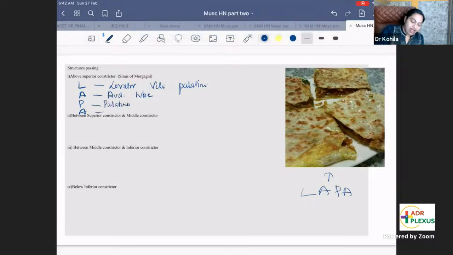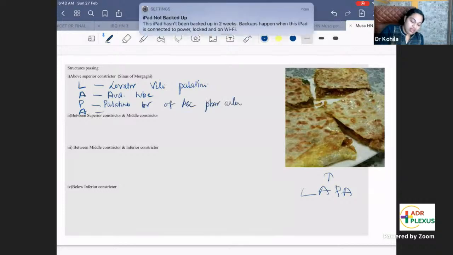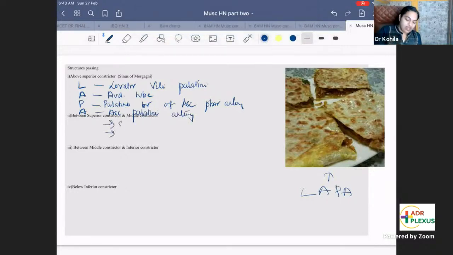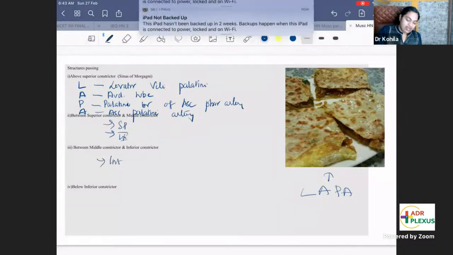Palatine branch of ascending pharyngeal artery. What is A again? Ascending palatine artery. Okay, others you can fill up, right? Easy. Stylopharyngeus and ninth nerve, internal laryngeal nerve, superior laryngeal vessels, recurrent laryngeal nerve, inferior laryngeal vessels.